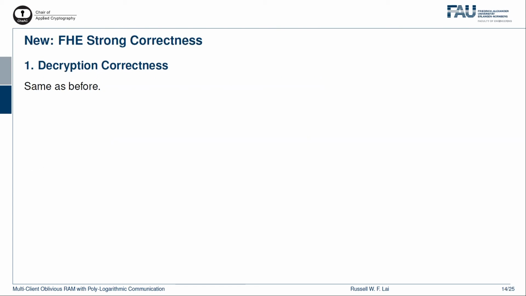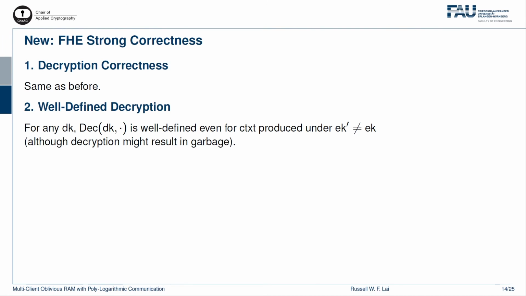To solve this problem, we have to define a stronger correctness property for FHE, which consists of three parts. The first is the usual decryption correctness property. The second is what we call well-defined decryption, which requires that for any decryption key, the decryption function should be well defined over the entire ciphertext space, even though decrypting with a wrong key might result in garbage.